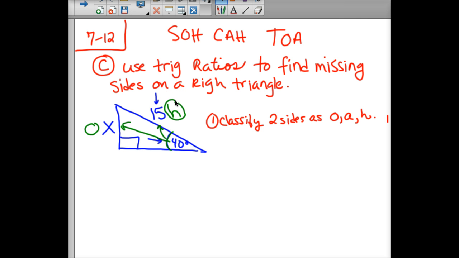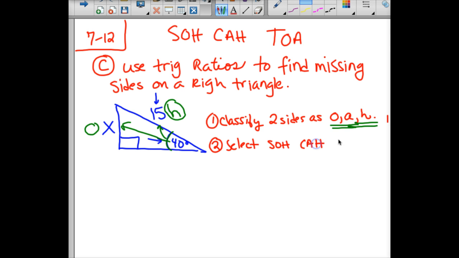So in this problem, I know I'm dealing with O and H of these three. Keep that in mind. Once I've decided that, I select either the sine, cosine, or tangent trig function to use on this problem.